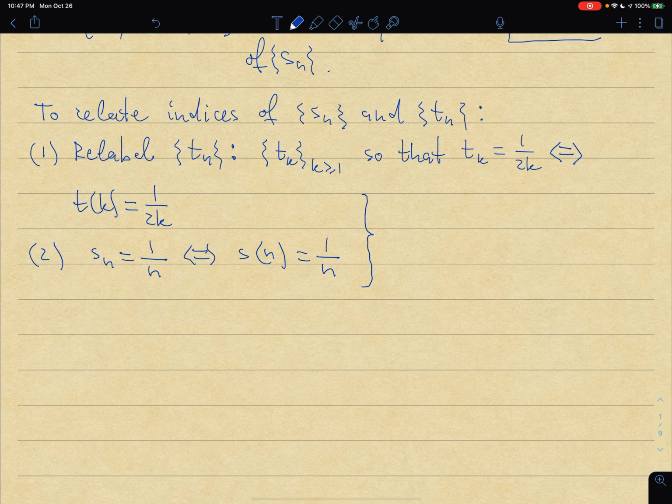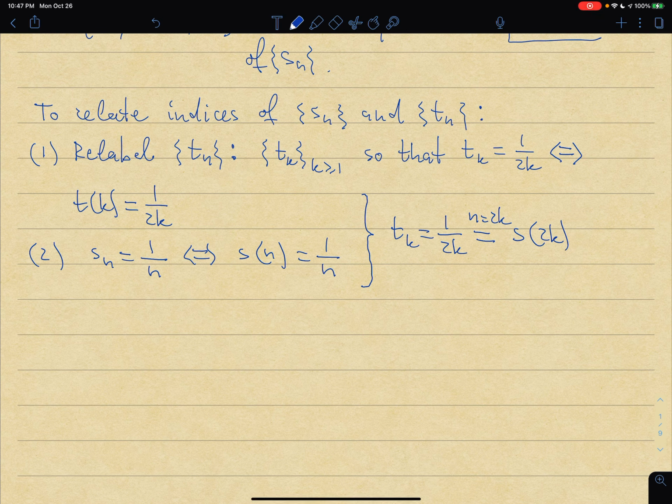Well, I can do it like this. I can say that Tk, which is 1 over 2k, is the same thing as 1 over n, with n being equal to 2k. So this is the same thing as S of 2k.